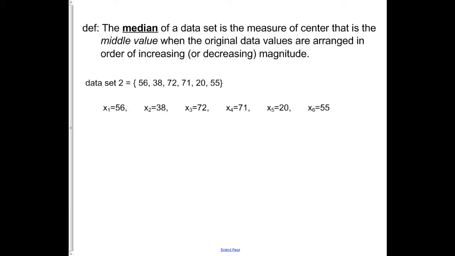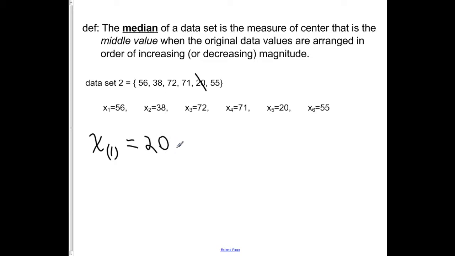The minimum value, which is the smallest or the first order statistic, is the smallest number in our data set, and I see that is the number 20. So 20 is the first order statistic.